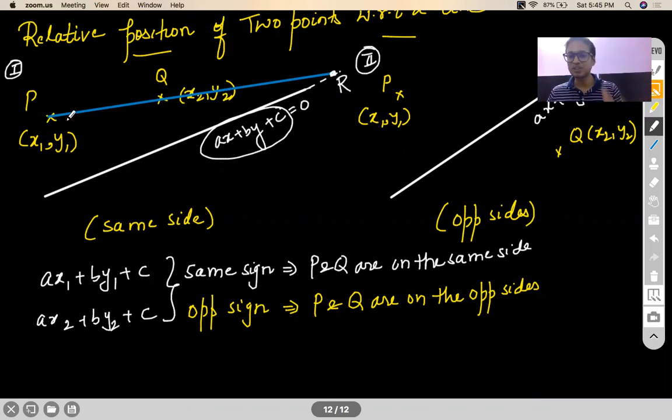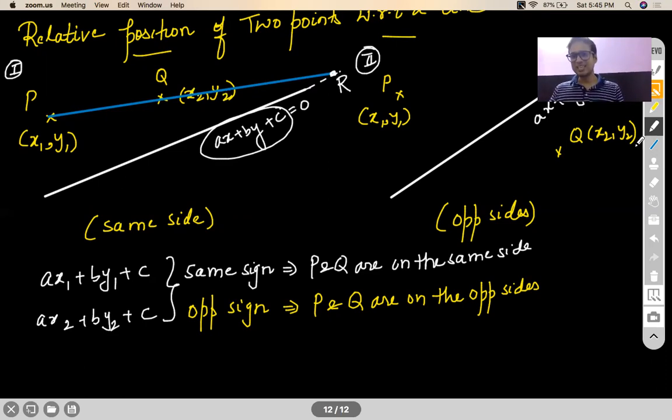What if the join of P and Q is parallel to the given line? Even in that case, it is a case of an external division where the lambda value would come out to be a very big negative number. Okay. So in any of the situation, in case one, it will always be a case of external division of the line segment joining P and Q by that given line.